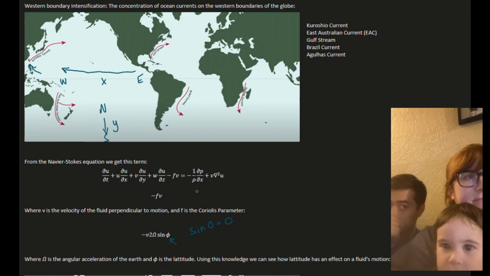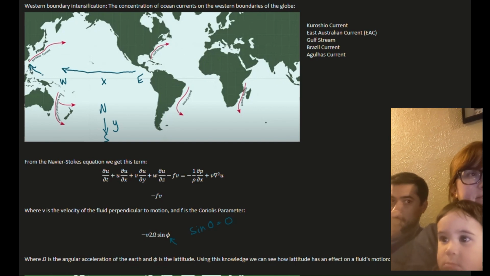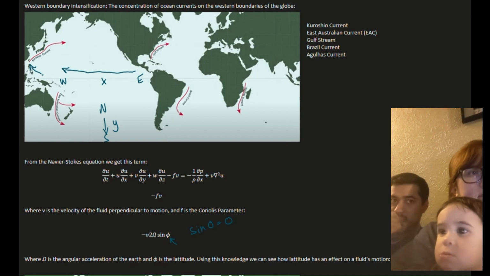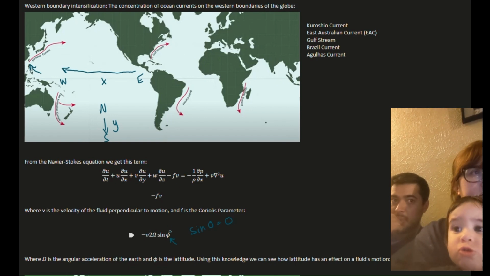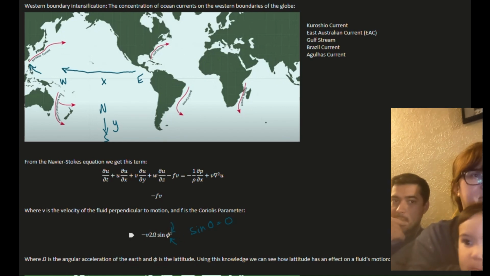So as the water moves along the equator, it's going to go in a pretty straight trajectory until it hits this eastern coastal line. And the landmass will physically cause it to divert up. Then as the water gets further north, this angle here, this phi angle, is going to increase.